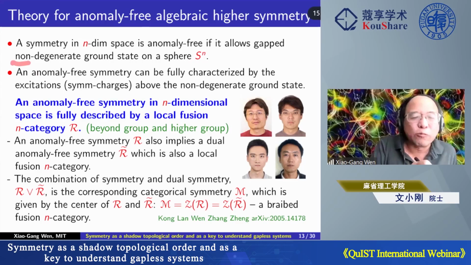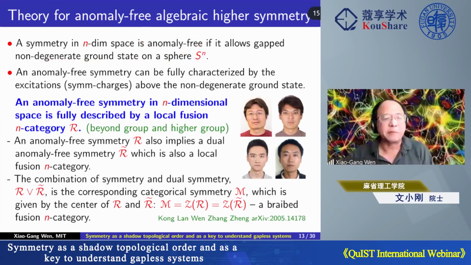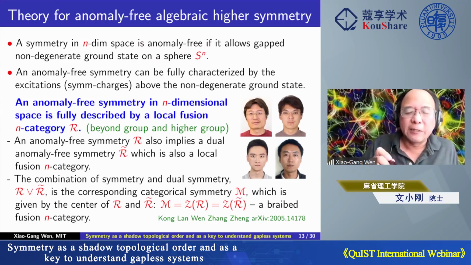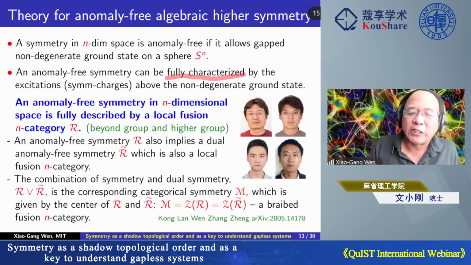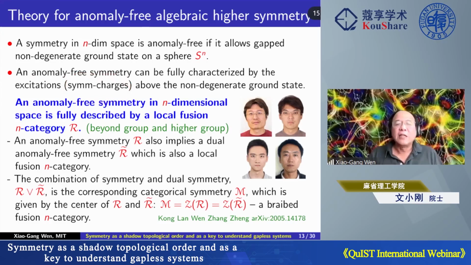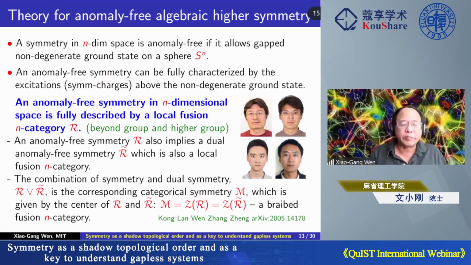So this one simple condition is enough to specify the anomaly-free condition. Okay. And then another point is that this anomaly-free symmetry can be fully characterized by its excitations. Those excitations are called symmetry charges, basically, above this non-degenerate ground state.